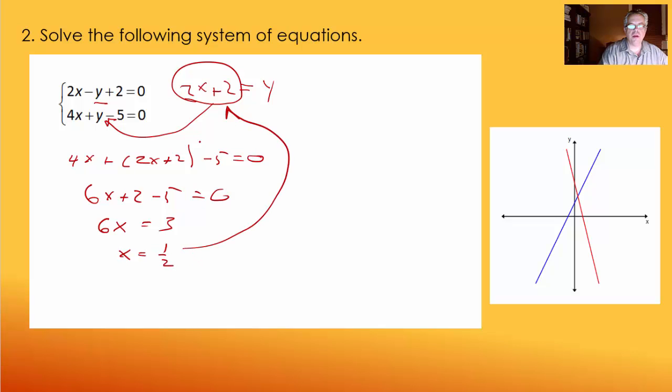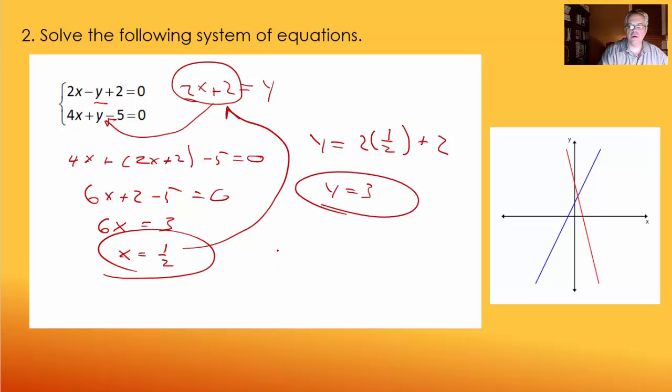Alright, go back to this equation. And I get y equals 2 times x, which is 1/2, plus 2, that's 1 plus 2 is 3. Okay, that's the coordinates of the point. We get x equals 1/2, y equals 3. And again, blue line's the top equation, the red line's the graph of the second equation, and that's where they meet. That point must be 1/2 comma 3.